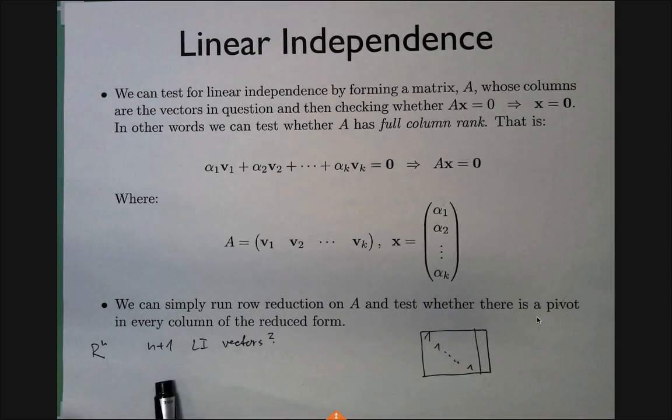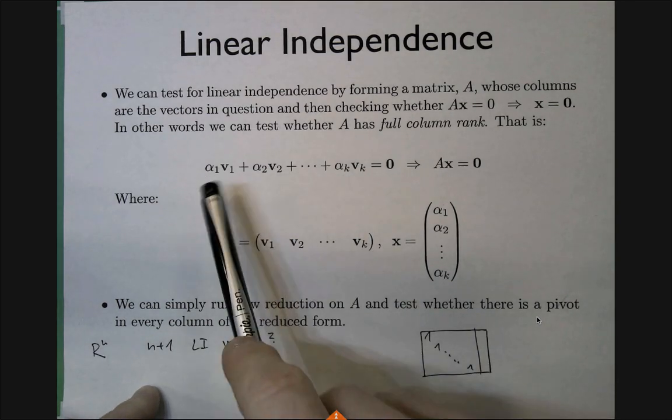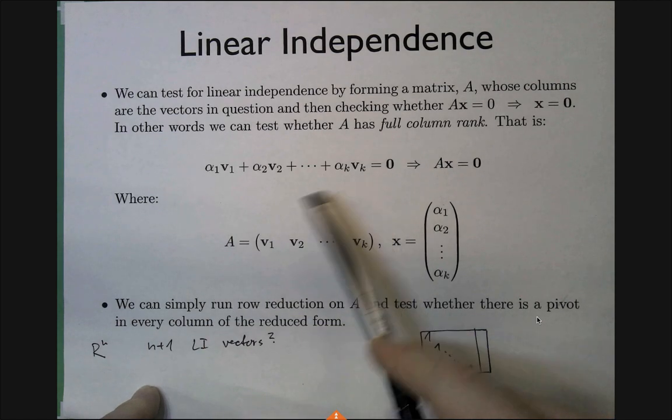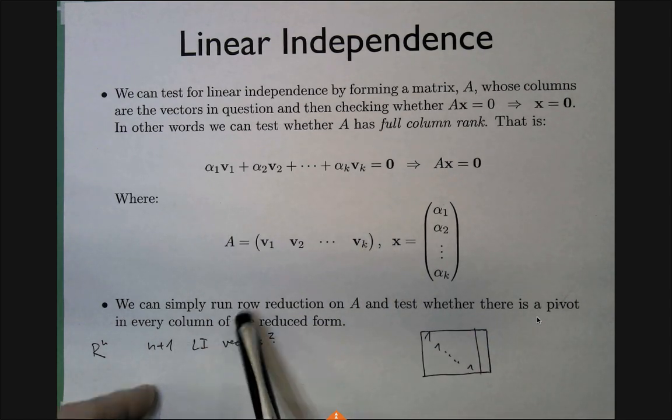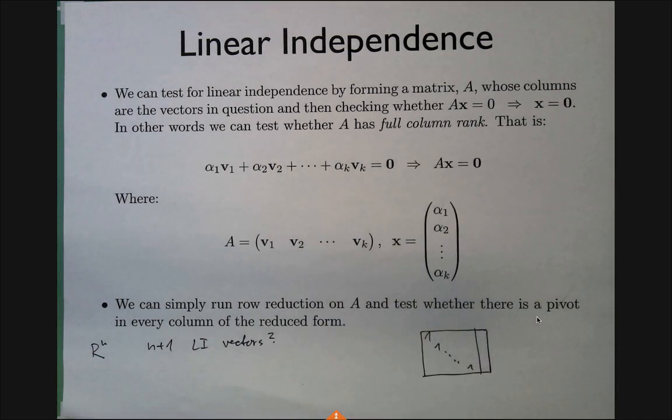So if I give you n plus 1 vectors in Rn, you don't even have to compute anything, you can immediately tell me linearly dependent. Maybe you don't know the exact coefficients, the non-zero alphas which give me 0 when I multiply the A matrix with them, but you can immediately say that they will always be linearly dependent. Okay?